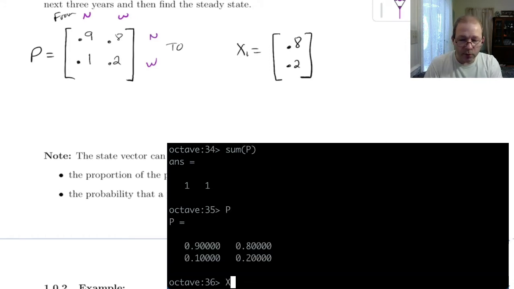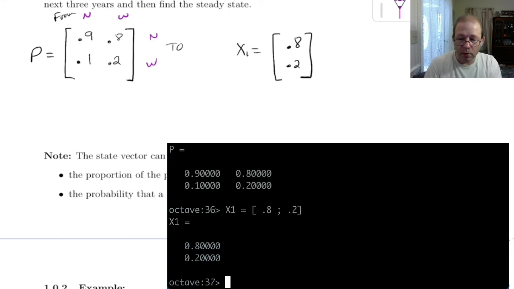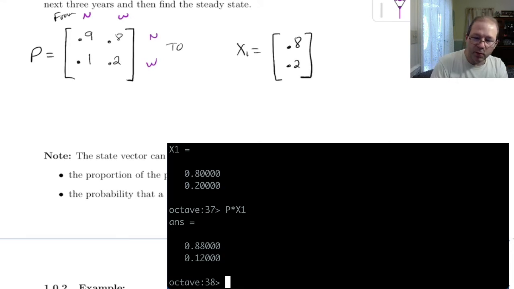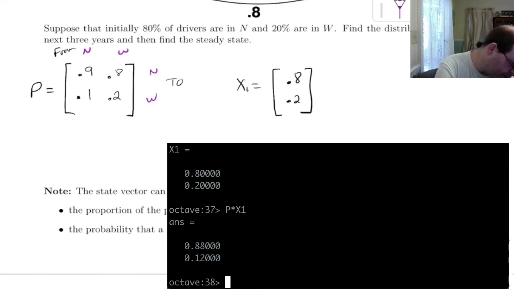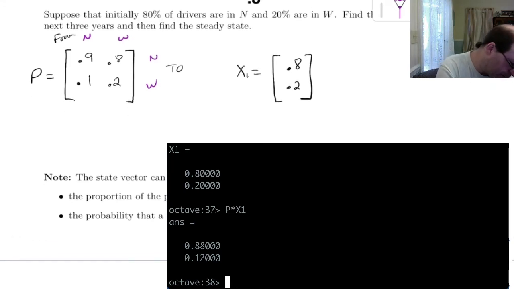All right, so our X1 in this case is 0.8, 0.2. So X1 is our starting amount. Sometimes people start with X0, but X1 is that. X2 then is 0.88 and 0.12.